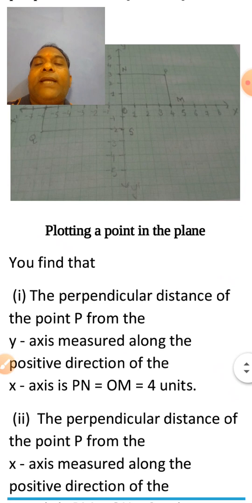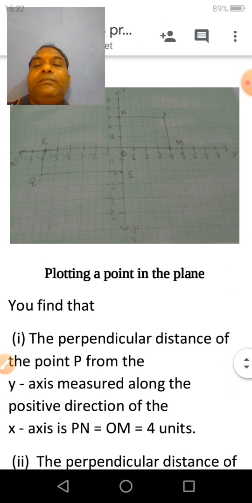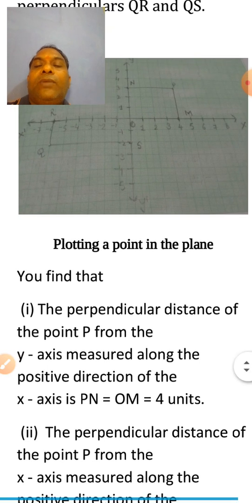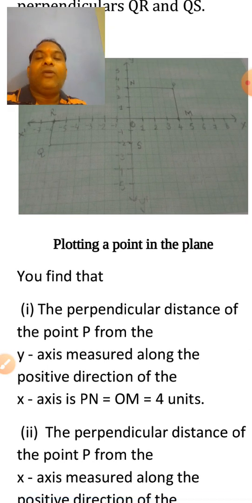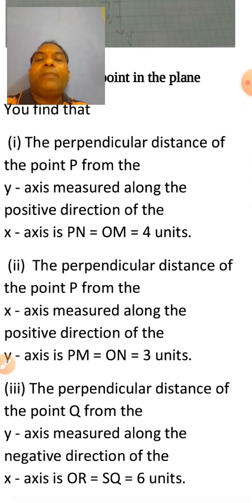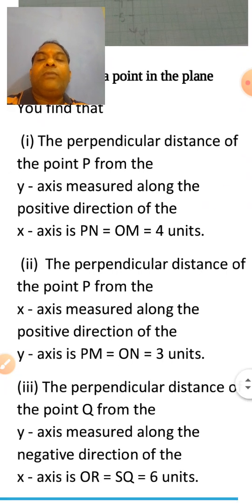You find that the perpendicular distance of the point P from the y-axis measured along the positive direction of the x-axis is PN equal to OM equal to 4 units. Second, the perpendicular distance of the point P from the x-axis measured along the positive direction of the y-axis is PM equal to ON equal to 3 units.